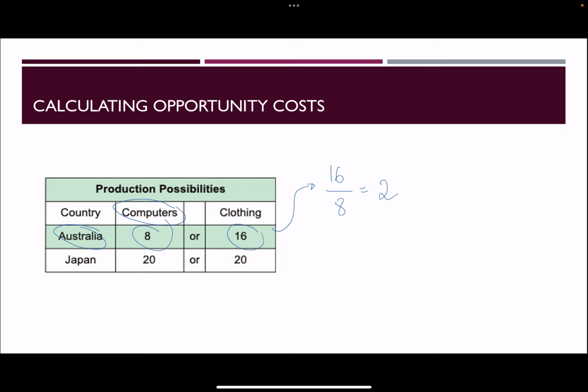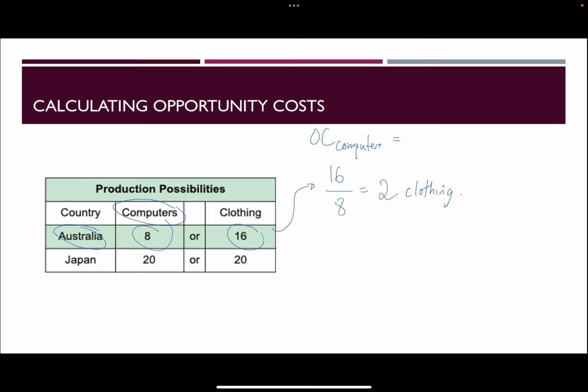So remember, when we're calculating the opportunity cost of computers here, the unit of that opportunity cost will just be the other good, which in this case is 2 units of clothing. So in words, if Australia were to want to produce an additional unit of computer, so 1 more computer, it needs to give up 2 units of clothing.